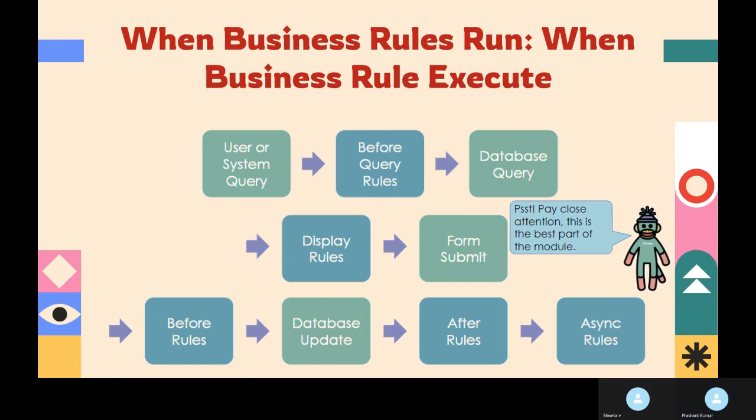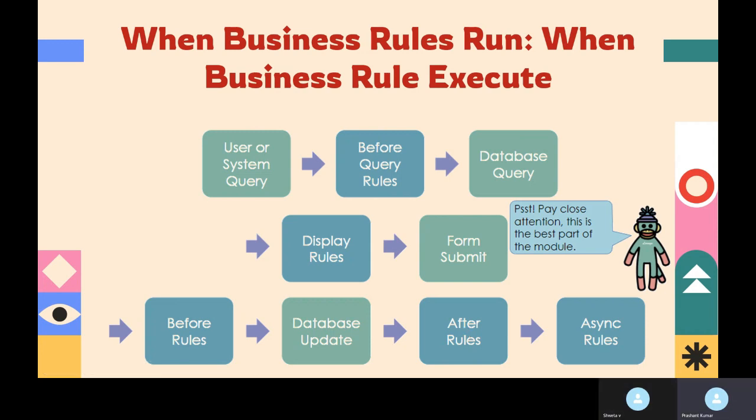Or you can say, suppose we have to update other tables using the current table rule, so we can use this after business rule here. It will be executed just after the database update. As soon as we have committed something on the database, this after business rule will run instantly.